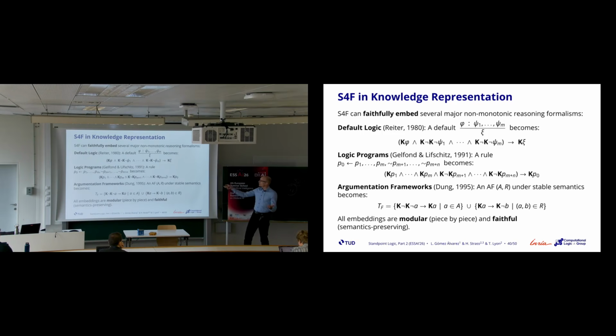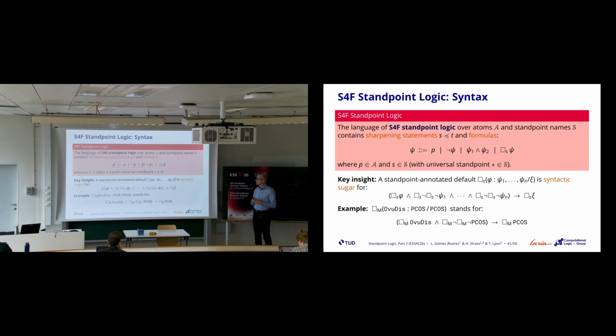Here you can look at a single rule, and if you later extend your knowledge base by another rule, then you just translate that rule in isolation, and you get the overall translated thing. So this is a useful property, and of course, these translations are also semantically faithful, so they preserve the semantics. Of course, this is something we expect, but still, it is important to say this.